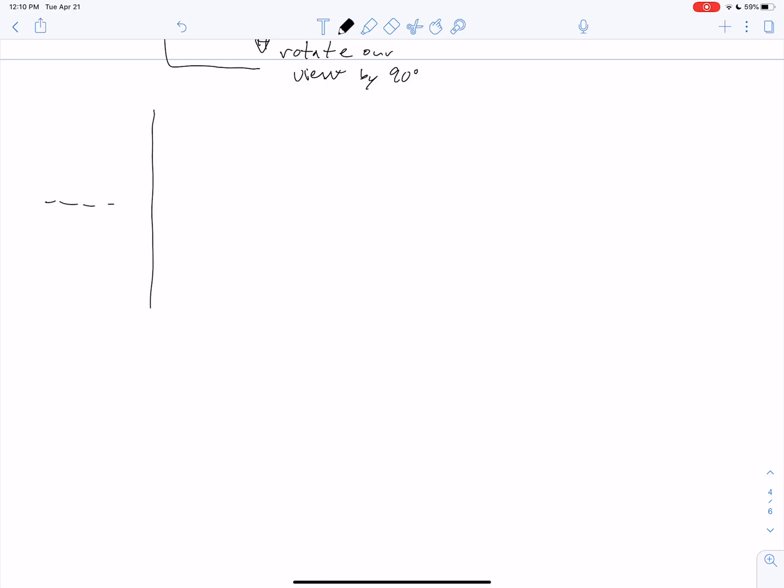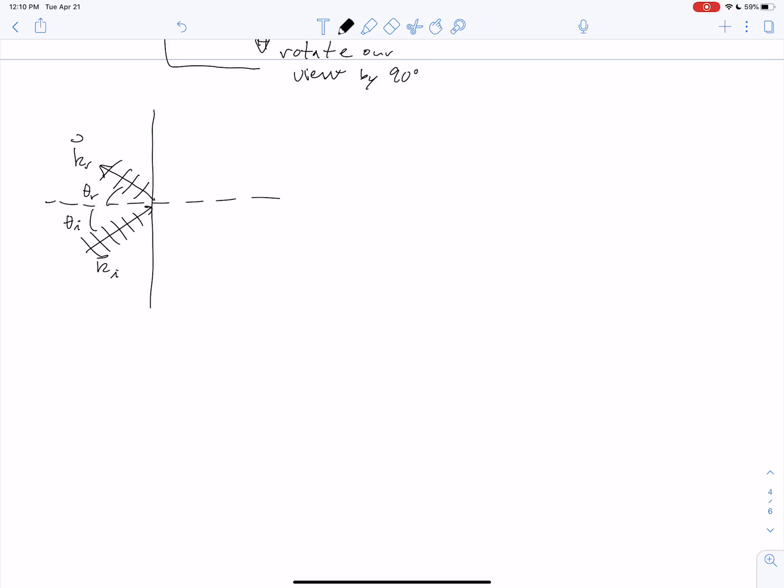We get this famous picture. If I have some k incident, this is what I'm starting with: I have a plane wave coming in with some incident wave vector ki at some angle of incidence, and it's reflecting with some k reflected, also a plane wave, at the reflected angle.